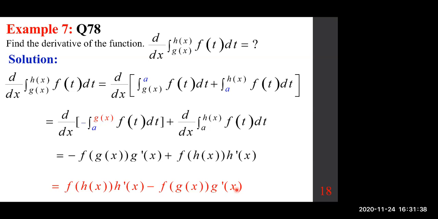What does it mean? Let's just quickly recap. It makes it nice and easy if we understand from the get-go. Look at the top one. What this says, plug in h of x and then times h prime of x minus plug in the bottom one times g prime of x. Very straightforward, class. Okay, very straightforward. I hope everybody is okay with that.